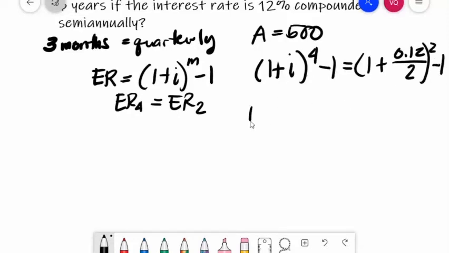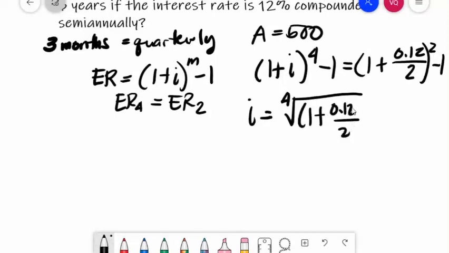Solving for I, so it is equal to the 2/4 root of 1 plus 0.12 divided by 2 raised to 2 minus 1, plus 1 minus 1.